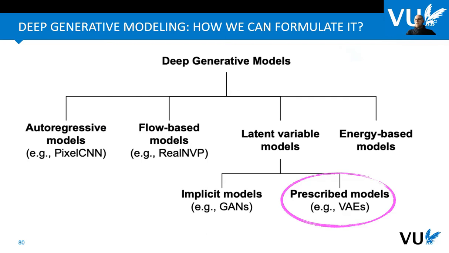I think it's good to see how we can deal with these models, especially since you saw that autoregressive models use the product rule as the main methodological tool. Flows use the change of variables, and now with VAEs you will see that we actually use other tricks and the sum rule.